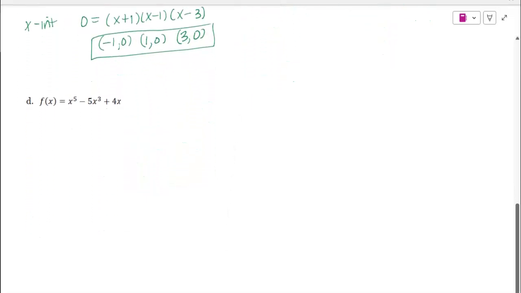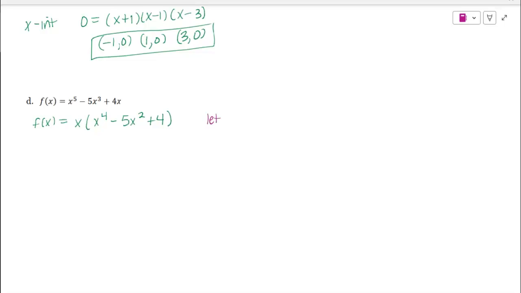All right, one more example. X to the 5th power, we're expecting to possibly get 5 x-intercepts. I can take an x and factor it out of each of these terms to start. So I have x to the 4th minus 5x squared plus 4. Because I've got something raised to the 4th power, I think that it might be a quadratic in disguise.